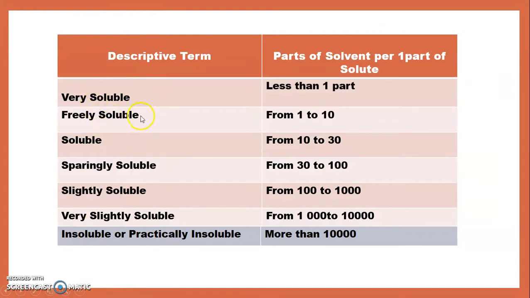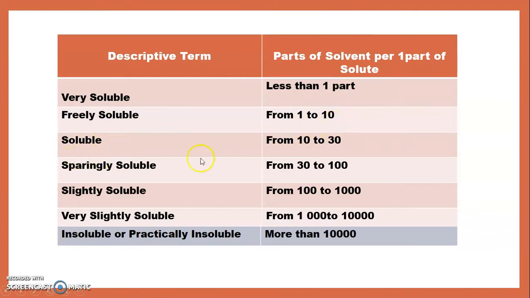That means very soluble, freely soluble, and so on. These are descriptive terms, given in parts of solvent per one part of the solute. That means how much solvent is needed to dissolve it. Very soluble means less than one part. Freely soluble means from 1 to 10 parts.